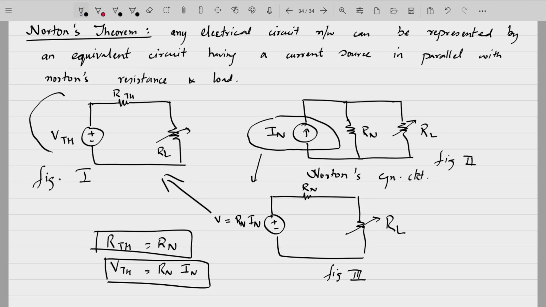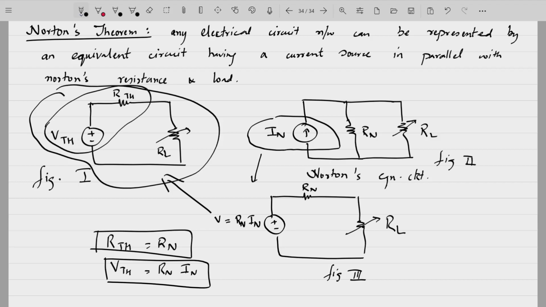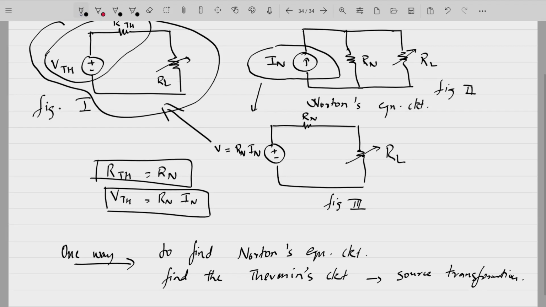So ये जो आपका circuit है, this is your Thevenin's equivalent circuit. You can also convert your VTH into a current source because VTH is in series with some resistance RTH. So this can be converted to a current source in parallel with RTH. Now you know these equations.